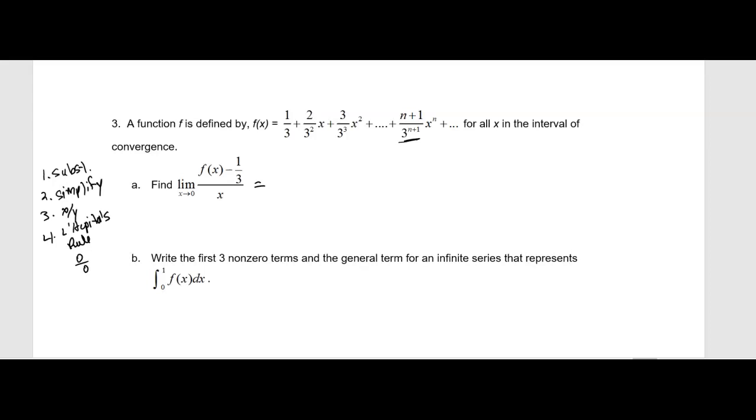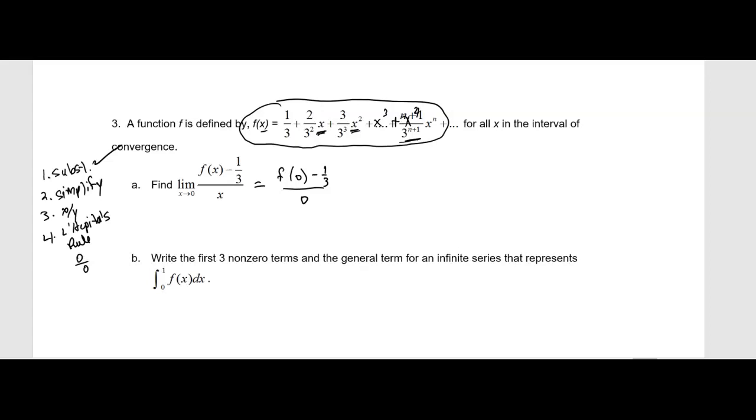So lo and behold here, think about what would happen. If we do this first option and we substitute in, we would get f of 0 minus 1/3 over a 0. So here is f. So think about what f of 0 would be. So if I'm going to let the x be a 0 here, if this is a 0, this is a 0, the next term would have had an x cubed, the next term would have had an x to the 4th.